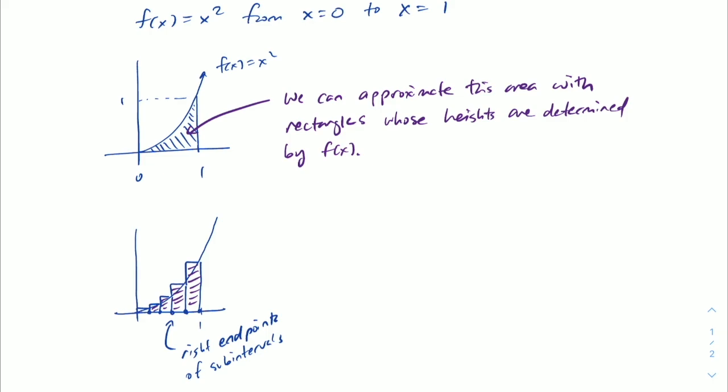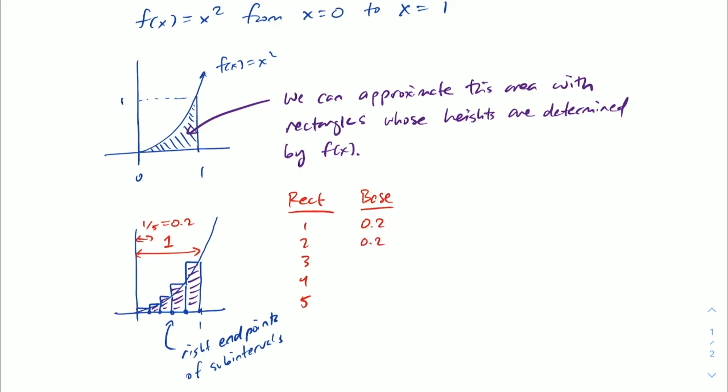Alright, so let's make a table to keep track of everything as we find the area of these rectangles. We're going to have 5 rectangles, so we'll number them 1, 2, 3, 4, 5. We're going to find their base width. The base width is going to be 1, this entire interval, divided by 5, or 1/5.